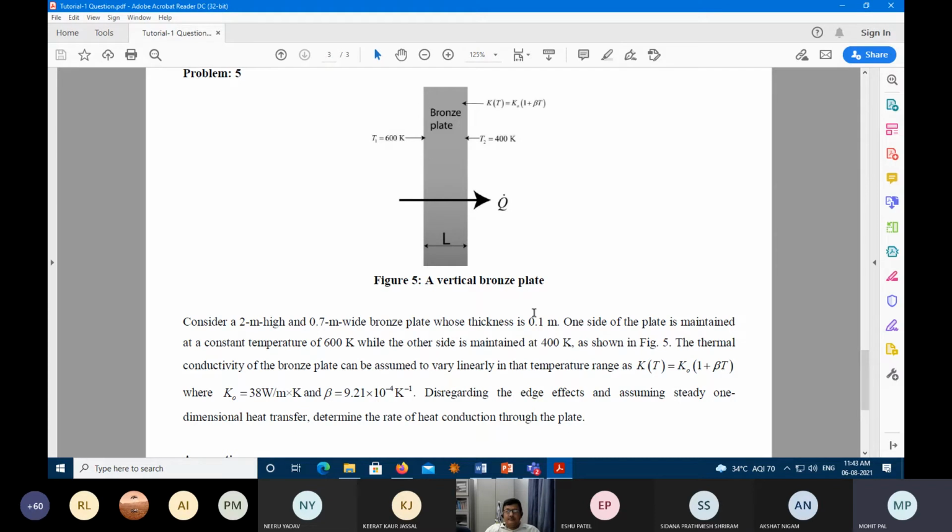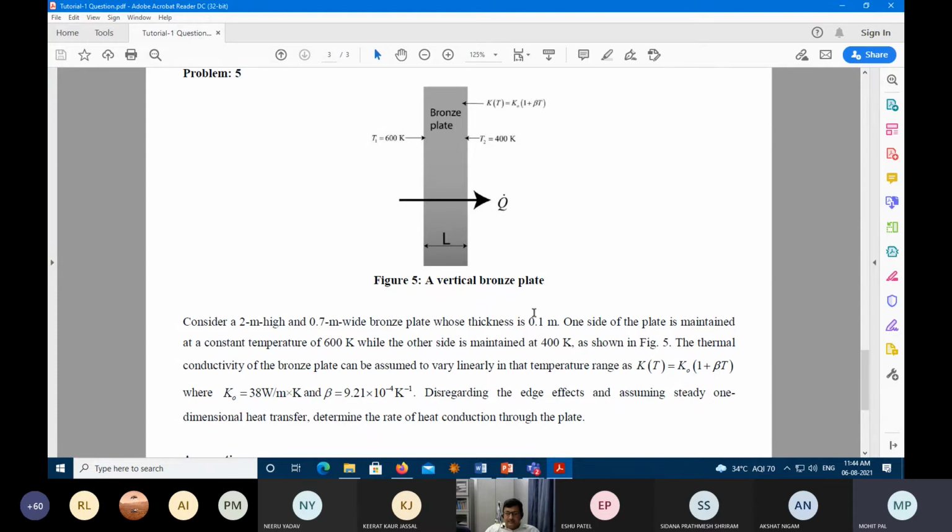So the question, Problem 5, is: consider a 2 meter high and 0.7 meter wide bronze plate whose thickness is 0.1 meter, and one side of the plate is maintained at a constant temperature of 600 Kelvin, while the other side is maintained at 400 Kelvin, as shown in this figure.